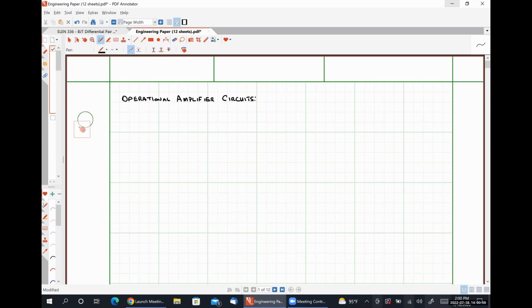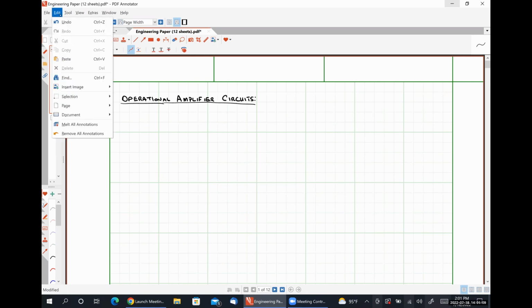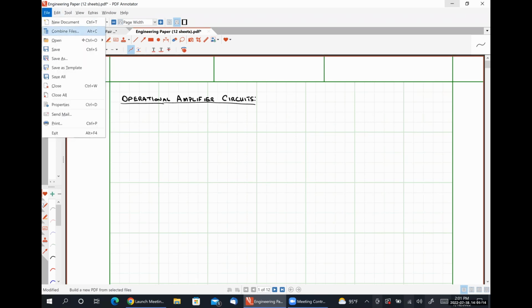We are not going to get into the nitty-gritty details of op amps themselves. And the reason for this is because op amps are a pretty advanced circuit.